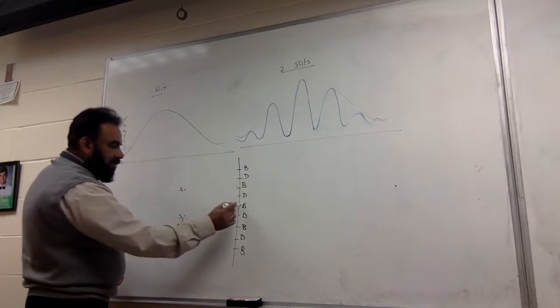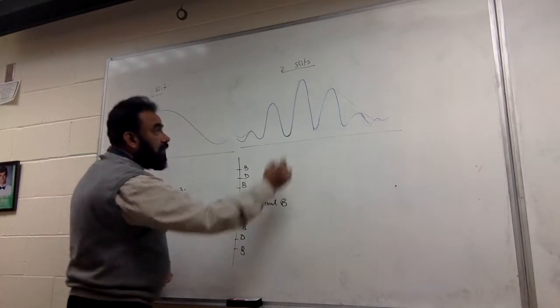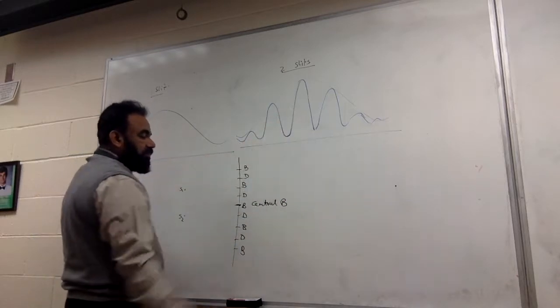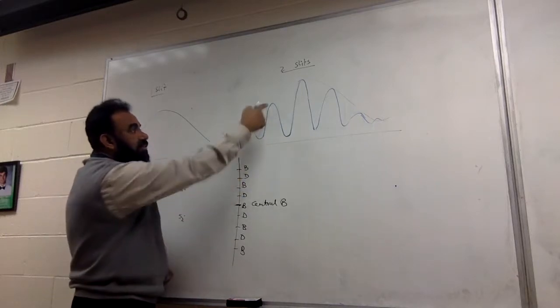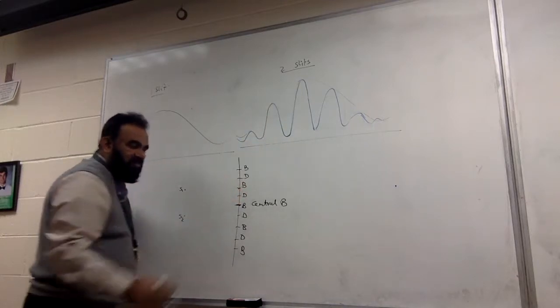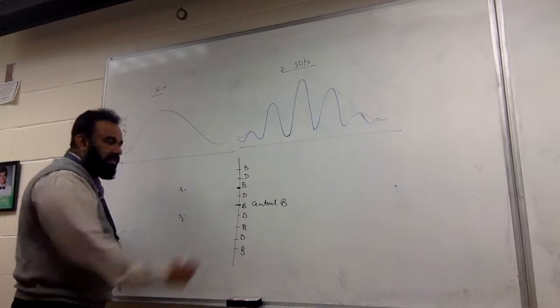And that's a central brightness, which is this. And this darkness that you see here is this one. And then the next bright is the next bright here. So where will this first brightness come in?